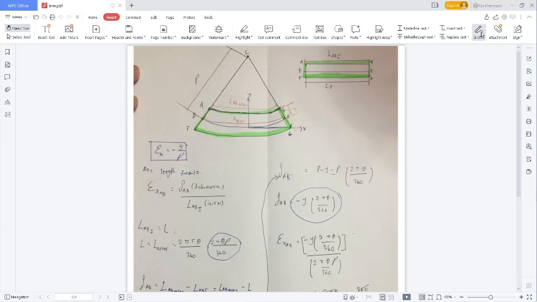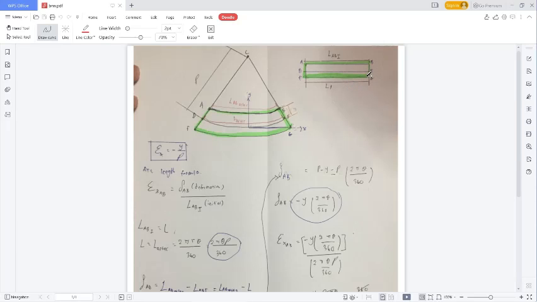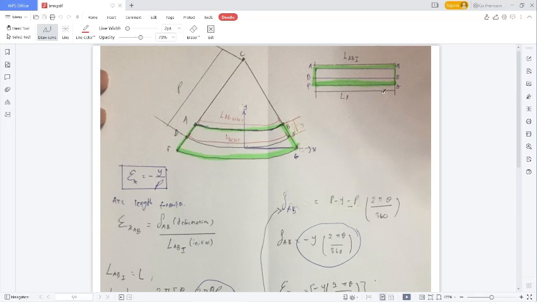So let me find my pen. Now we have assumed a specimen made of a certain material. We mark points A, B, D, E, F, and G, as you can see right here. We assume that DE is the neutral surface.